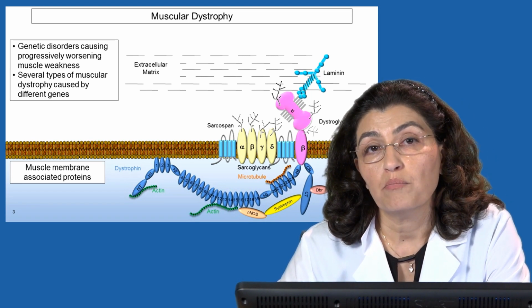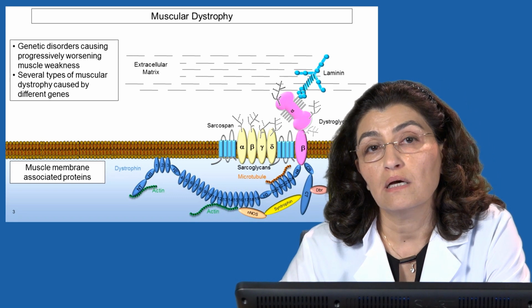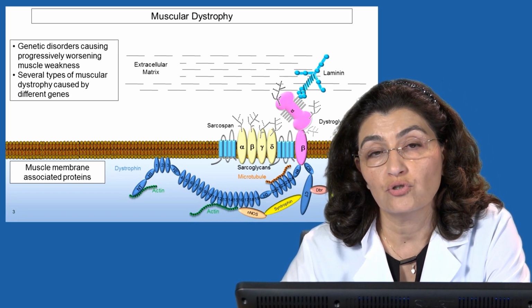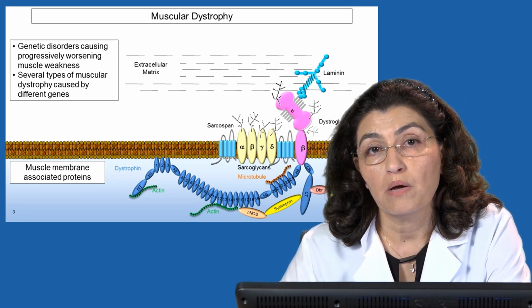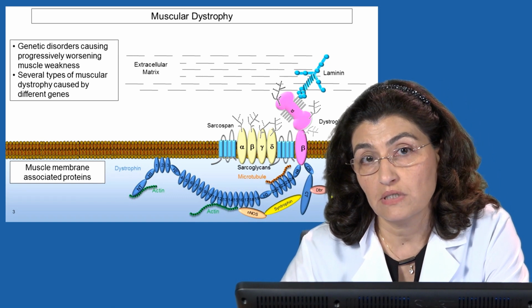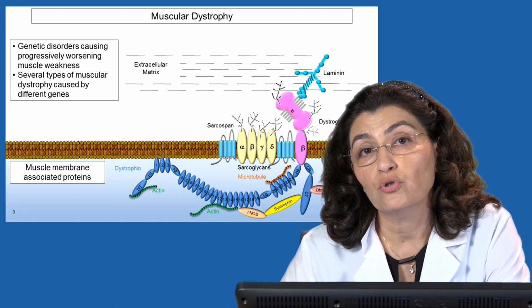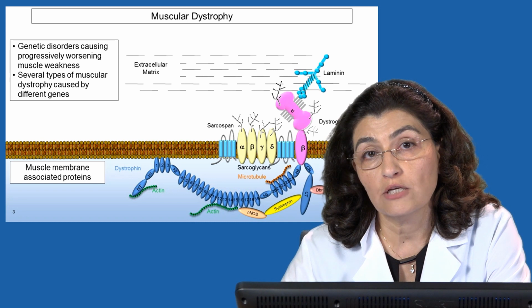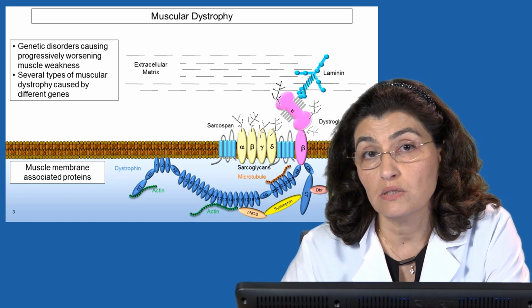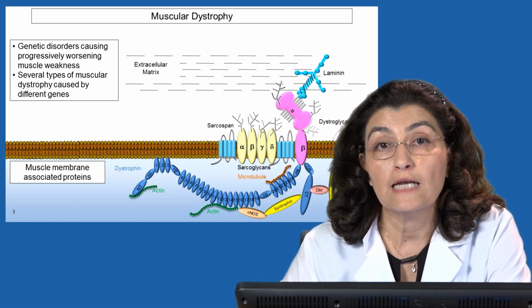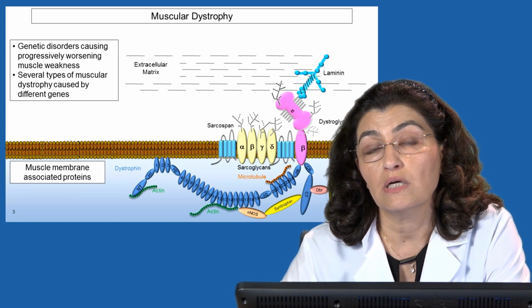Dystrophin is part of a very complex protein structure that forms part of the membrane of the skeletal muscle, and also extends, for some of these proteins, into the cytoplasm, with connections to the cytoskeletal and sarcomeric structure of the myofiber.